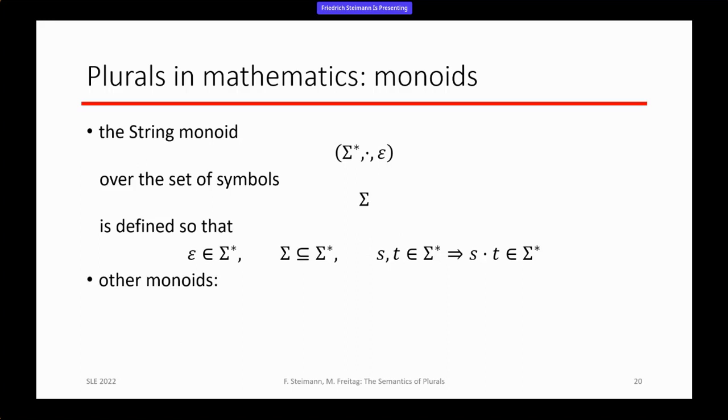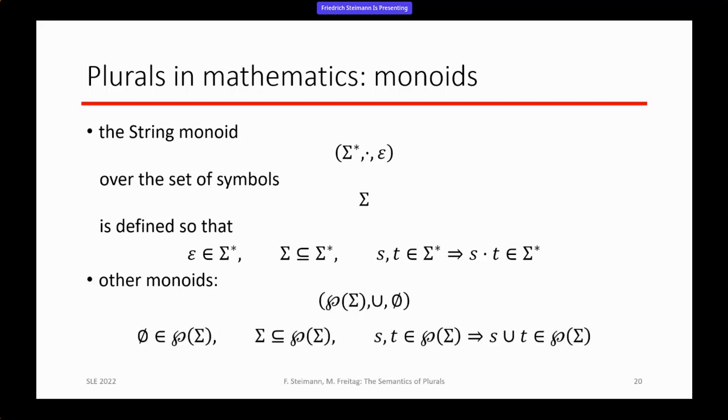But the string is not the only monoid. We have other monoids in mathematics, and one is, and this is particularly important in this talk, the set monoid, in a way, where the strings are replaced by the power sets over an alphabet, and the concatenation is replaced by the union, and the empty string is replaced by the empty set. What you get from this monoid is also flat.